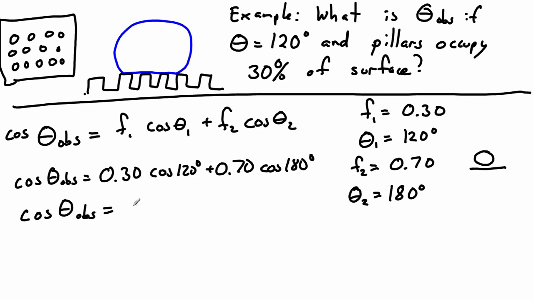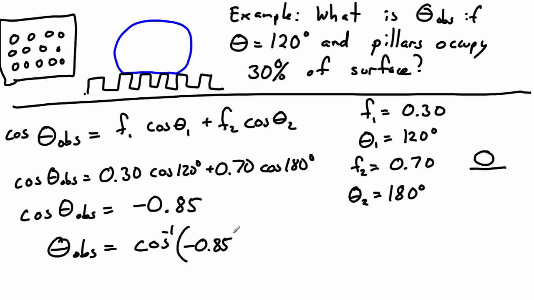So the cosine of the observed angle is going to be negative 0.85. And so the observed contact angle is the inverse cosine of negative 0.85, which is equal to 148 degrees.